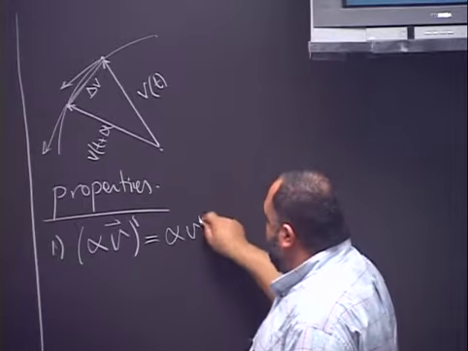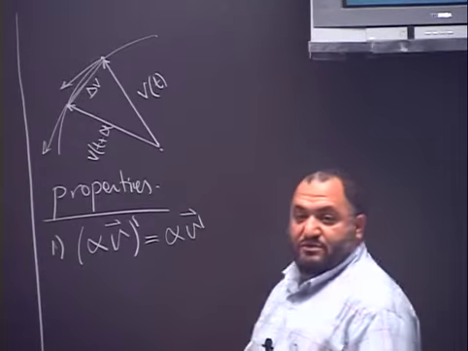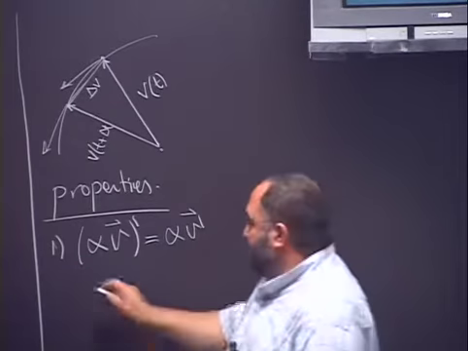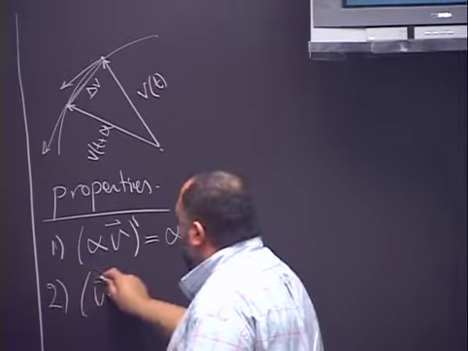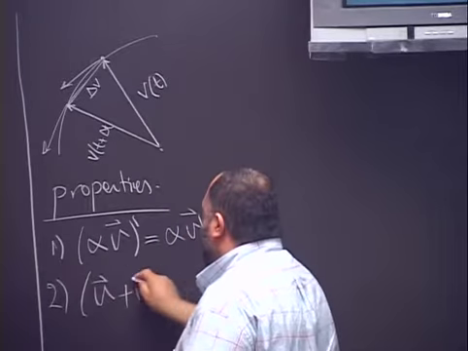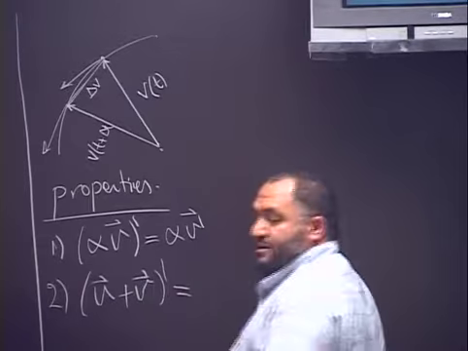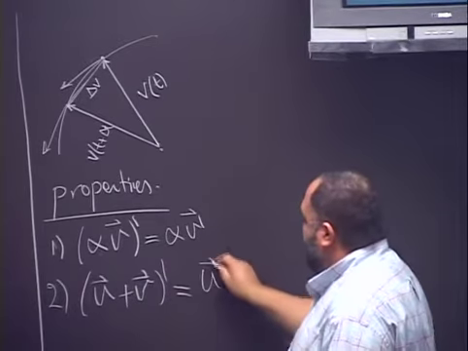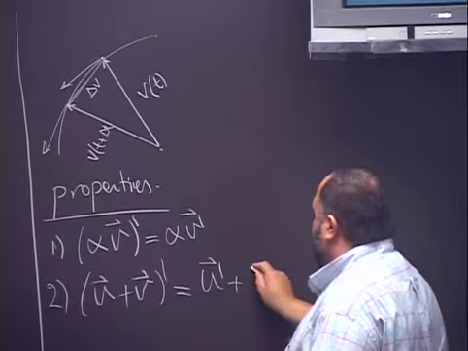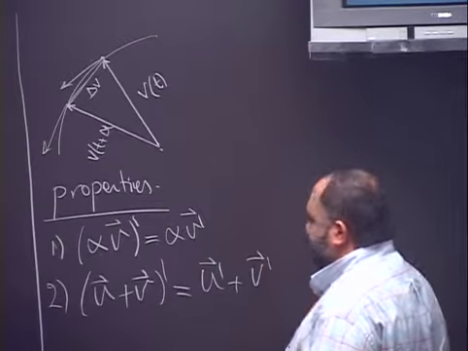Alpha v prime vector, because alpha is a constant. If you have to differentiate two functions, u plus v, what do you think? This would be the differentiation of the first function plus the differentiation of the second function.